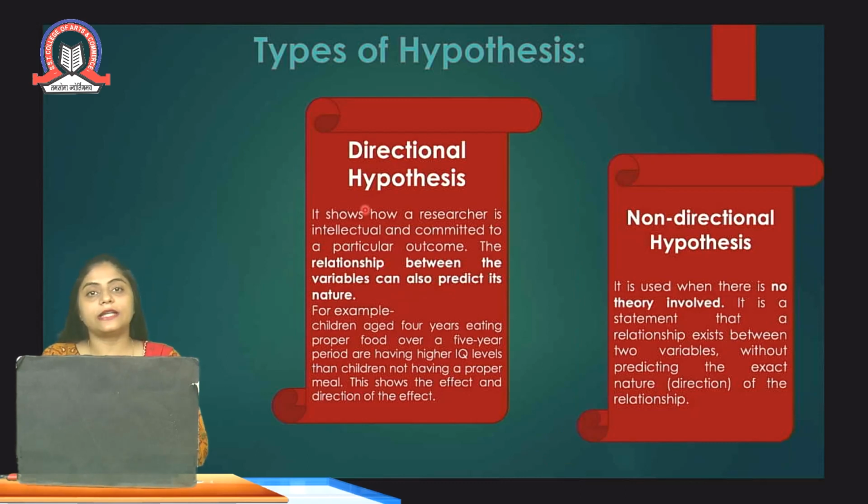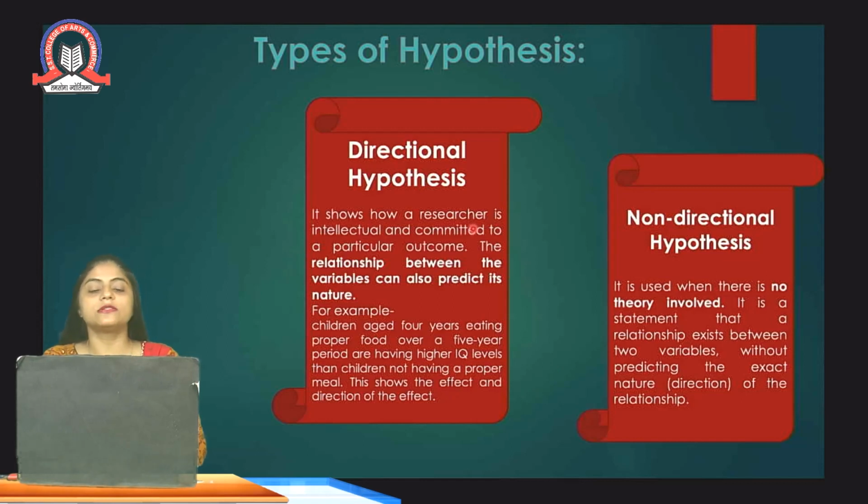The third type of hypothesis is the directional hypothesis, which gives the direction of the relationship between the variables, predicted in nature. For example, children aged 4 years eating proper food over a period of 5 years have a higher IQ level than children not having a proper meal.